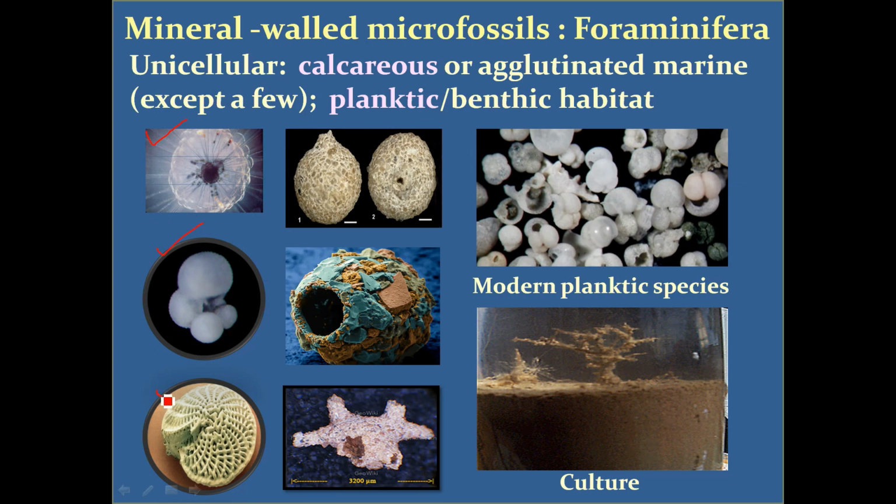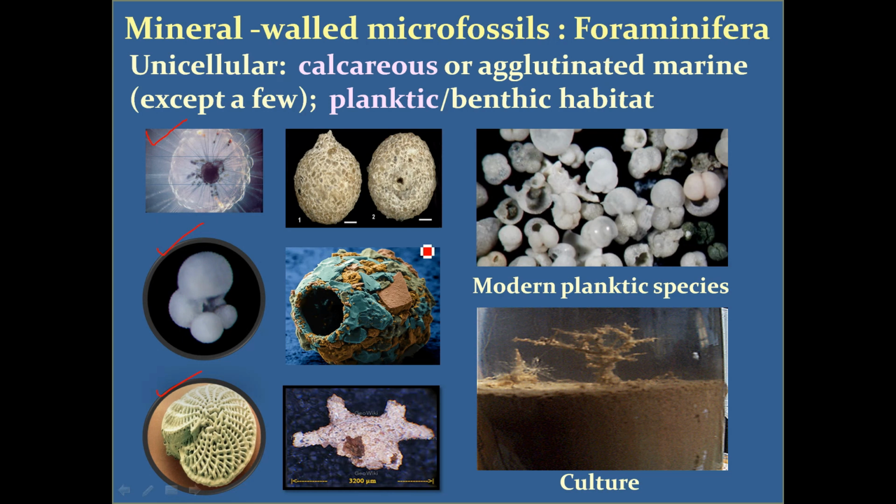On the other hand, the picture at the bottom shows a very heavy test of benthic foraminifera, which is thick and heavily ornamented. In the second column, the top picture is showing the agglutinated foraminifera, in which pieces of sand with other grains, black colored iron grain or some other minerals like mica flake are visible.